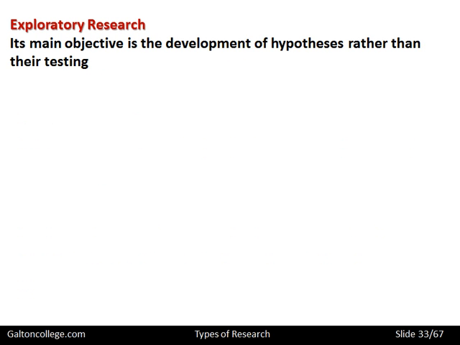Exploratory research. Its main objective is the development of hypotheses rather than their testing. Exploratory is just looking across the situation. If it's within a company, looking across the marketing department and looking at how the marketing department functions, let's say, or the personnel section or the production section, whatever.